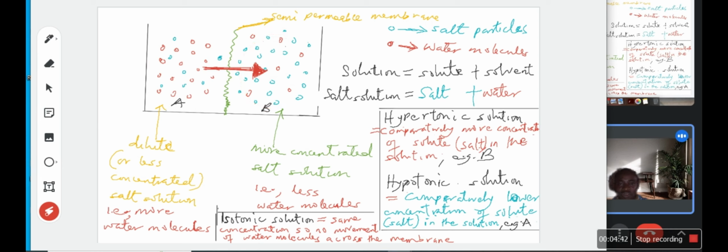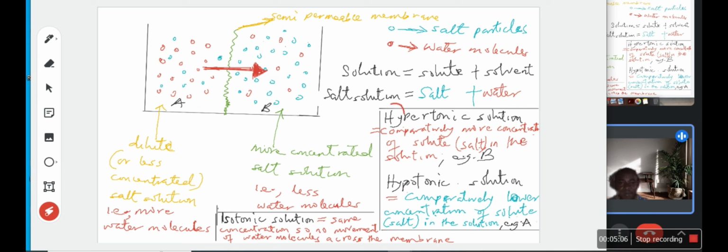In which direction will the water molecules be flowing? From the hypertonic to the hypotonic. Yes, from the hypotonic to the hypertonic, because hypotonic has more water molecules. And you remember, osmosis is the movement of water molecules from a region of higher concentration of water molecules to a region of lower concentration of water molecules through the semi-permeable membrane.